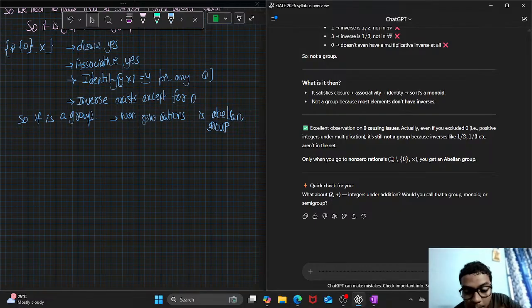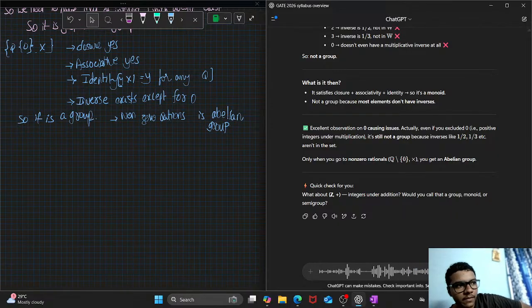Yes, it is a group because closure, associativity and identity are satisfied. Plus zero of anything gives the same number, and the inverse of z will be minus z, but it will not be a group under multiplication. We have already had this question before.